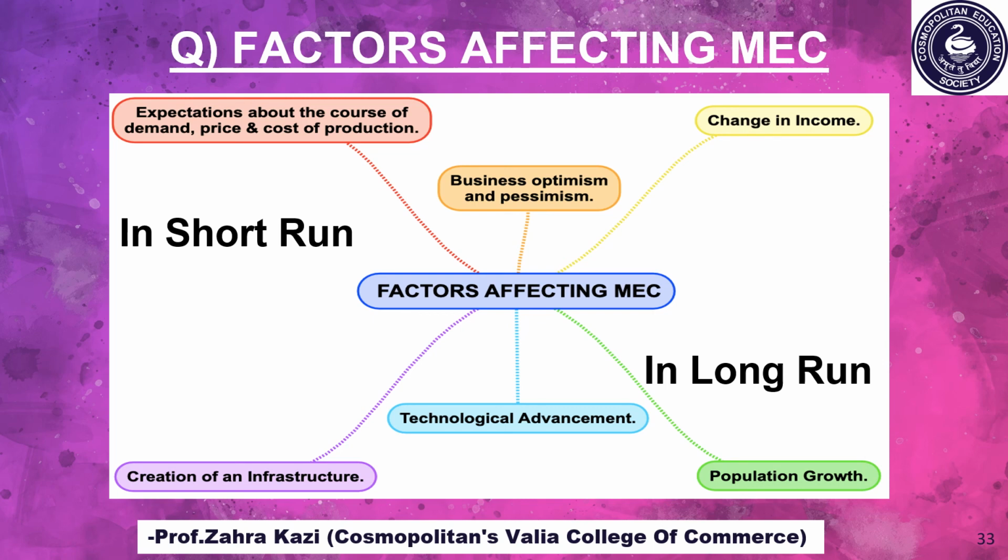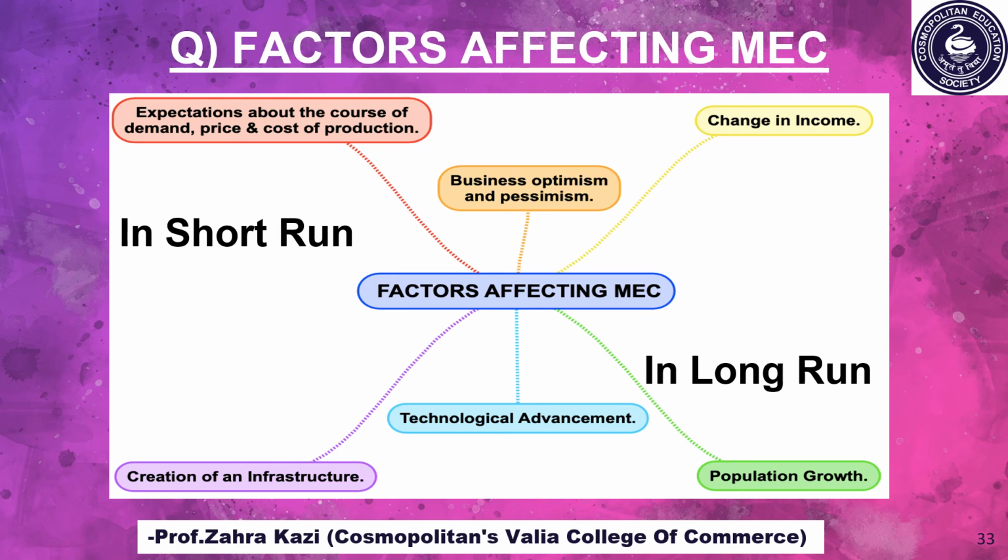The next long-run factor is technological advancement. Today, due to the growth of scientific inventions and technological change, new products and new methods of production may be developed, which may have a favorable impact on the MEC in the long run.